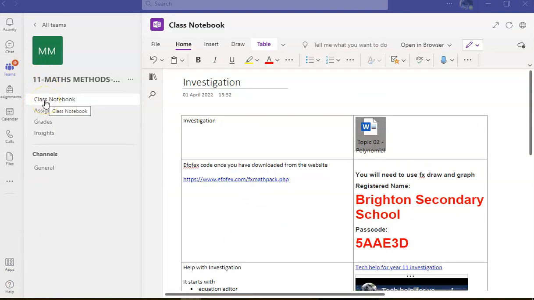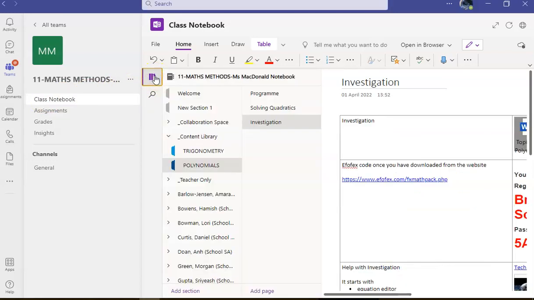So if we go to Teams and you go to your notebook, if you want, I can put all of this stuff, I mean the code is already on Daymap. I can pop the investigation there too. I just thought I'd pop it all in one place so you know where it can go. So if you go into your content library, you go to polynomials, and then we go to investigation.